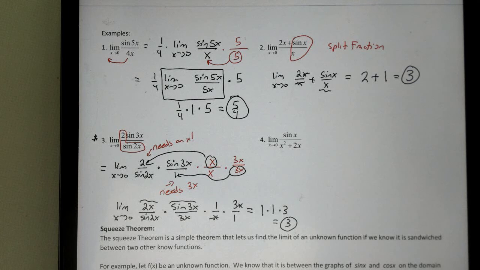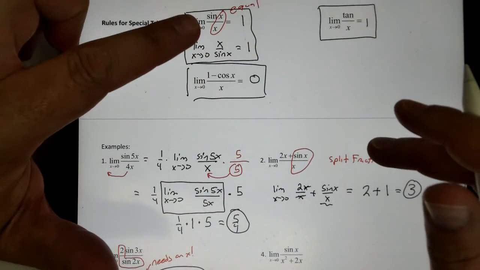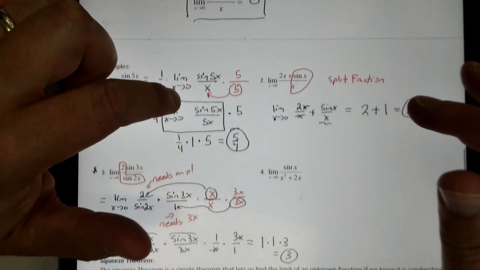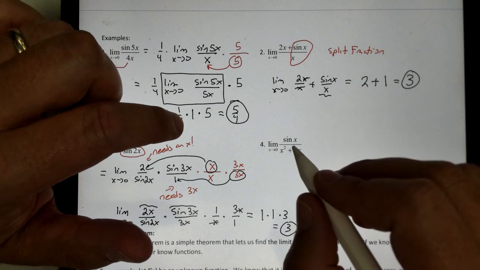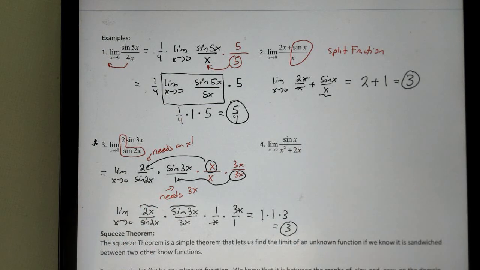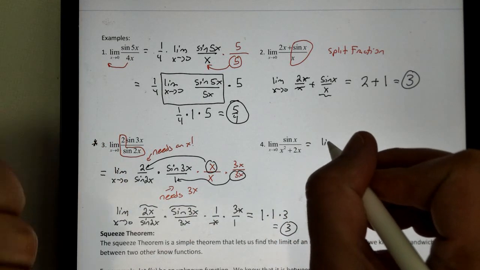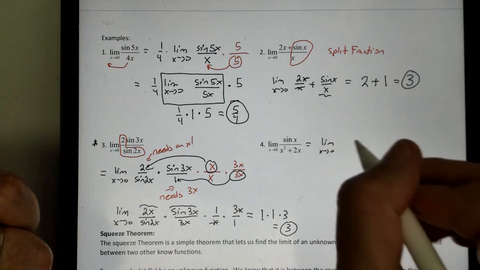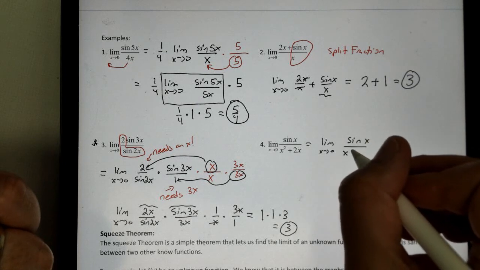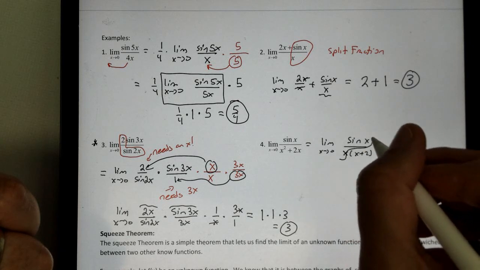All right, now for an example like number 4, again, I want to get either sine of x over x or x over sine of x. So I start thinking, how can I get that? On the bottom I can factor out an x. And if I do that, take a look at what we're left with.